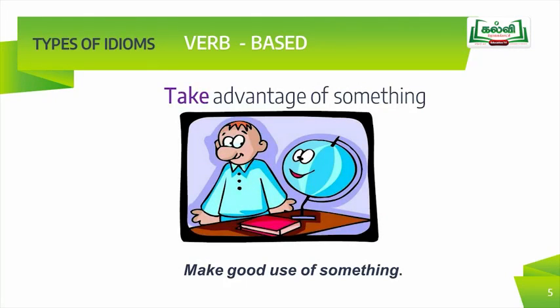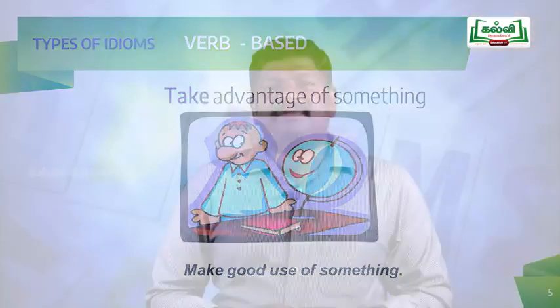Look at the example here. You have a picture. Take advantage of something. Yes, what's the meaning? Make good use of something. Here we could see the verb used in this idiom.